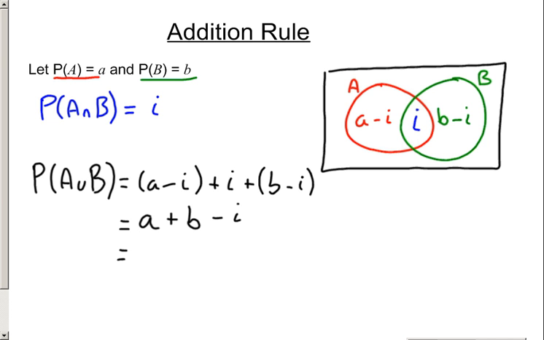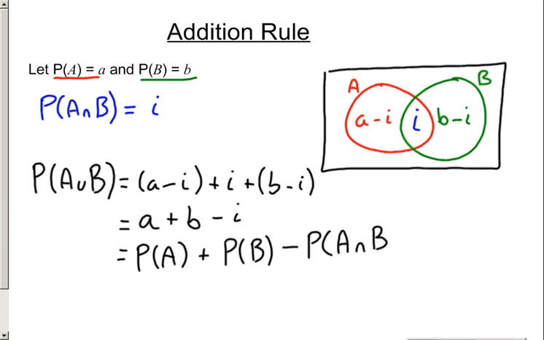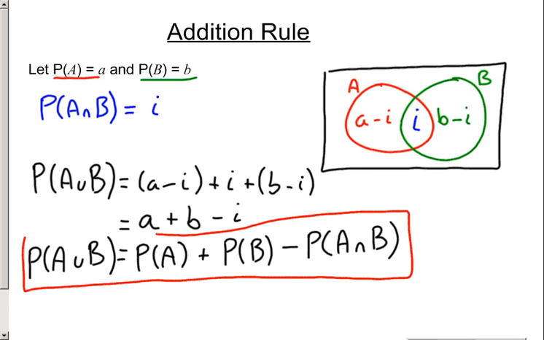But now we can write this in terms of our original probabilities. A was defined as the probability of A, B was defined as the probability of B, and I was defined as the probability of A intersect B. So we have the probability of A union B is equal to this, and this is what's called the addition rule for probability.